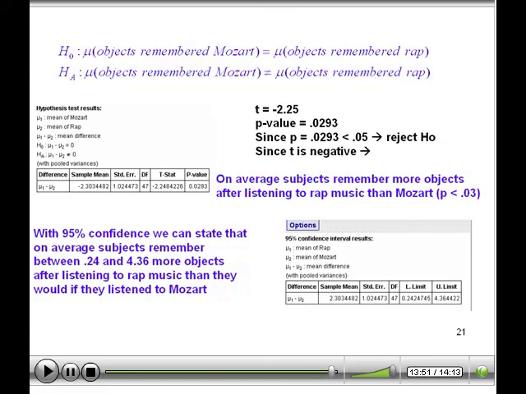This way I will avoid having a confidence interval with negative boundary values. So with 95% confidence, we can conclude that subjects listening to rap music will remember between 0.24 and 4.36 objects more than subjects listening to Mozart music.